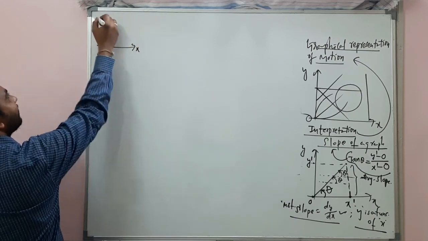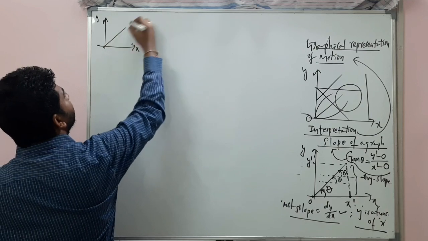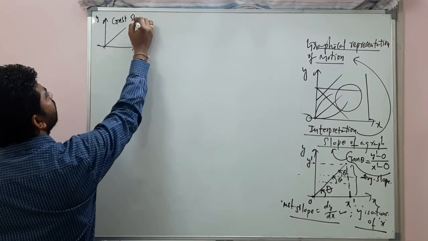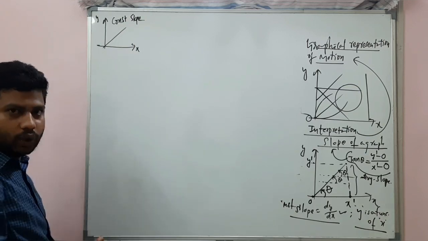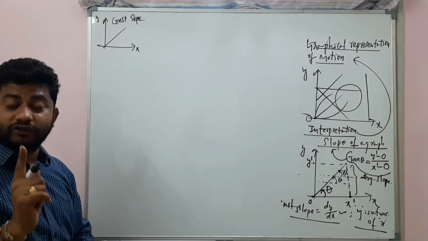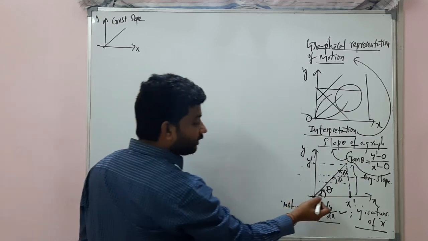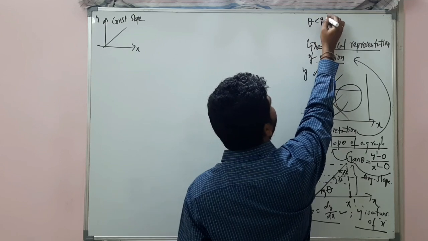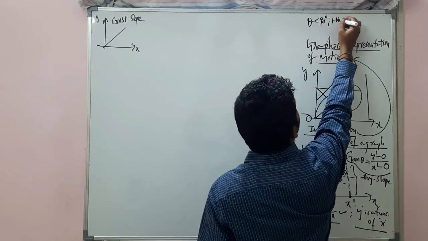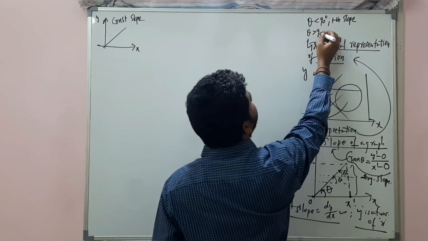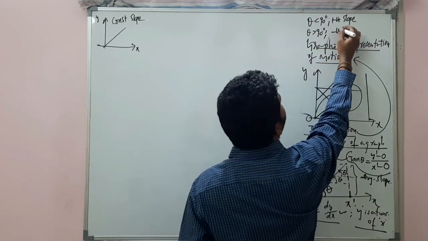This is the x-axis and y-axis. Alright, my dear students. So what does this graph represent? A constant slope. And this constant slope is positive, because if theta values are less than 90 degrees, you find a positive slope, and if theta values are greater than 90 degrees, you find a negative slope.